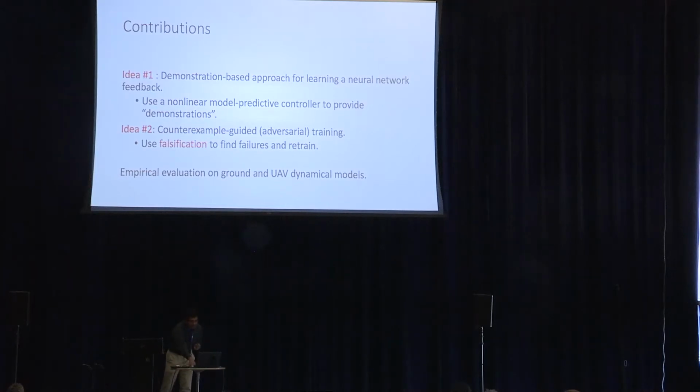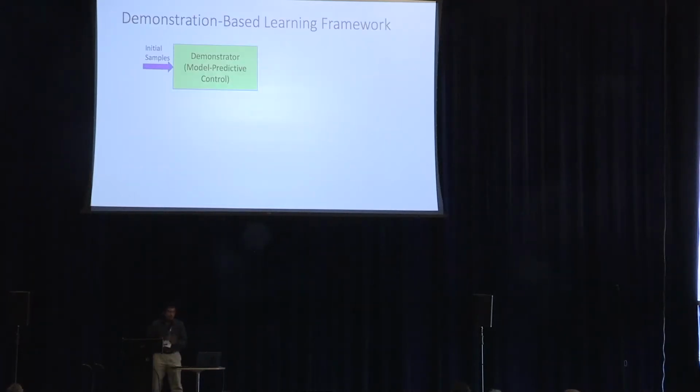All right. So this is the basic idea behind the paper. We have a demonstrator. Let's call this a component, which if you give me a state of the system, it tells me what control to apply immediately, so that in the future I can keep the system robustly following the trajectory. So it is a demonstrator that's telling me how to do the control at any point.